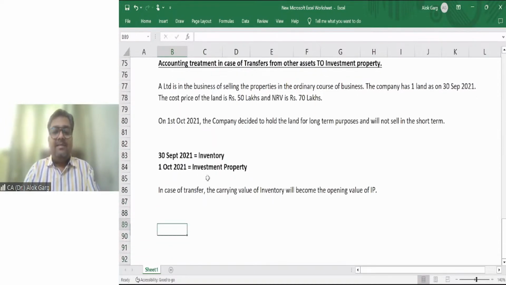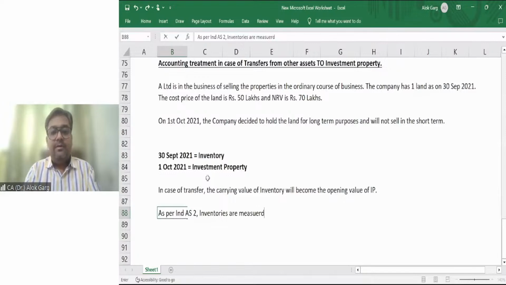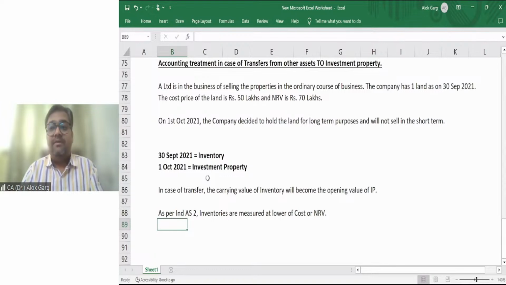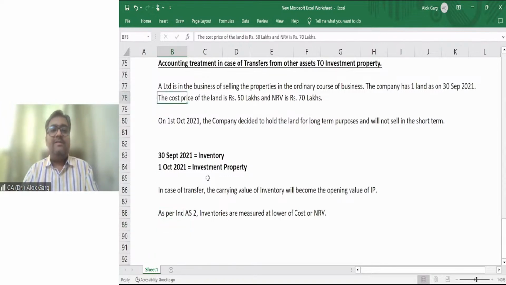Now in this case, as per Ind AS 2, inventories are measured at lower of cost or NRV, net realizable value. So let's say, just for the sake of understanding, I'll write here 45 lakh.